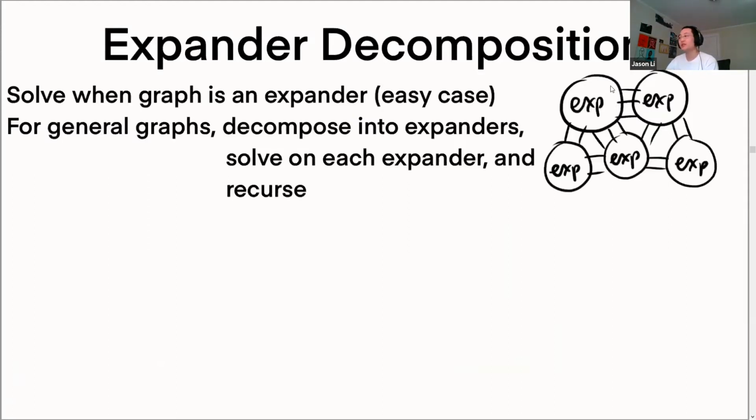So partition the set of vertices such that every vertex set induces an expander, and let's say there are not many edges between the expanders. Then we'll solve the problem on each expander and somehow recurse on the rest of the graph, the vertices between expanders, which will be, let's say, a constant fraction small. So the problem size drops by, let's say, a factor of 2. Of course, how we recurse and how we stitch together the problems is problem specific, but this is the general approach.